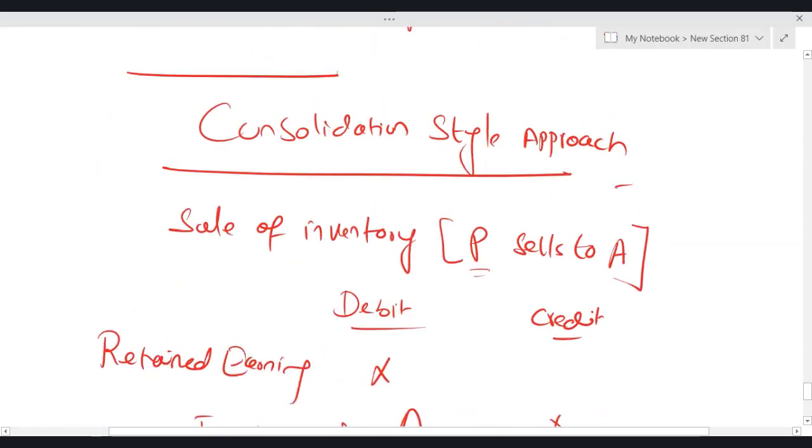And I've given you the comparison as well, the consolidation style approach and simple approach. I think you can compare it. That comparison is going to help you also. So it's better that we stick to the simple approach rather than any other approach.